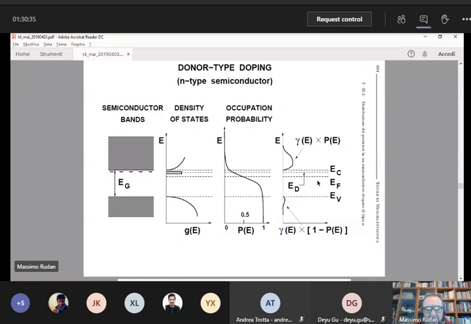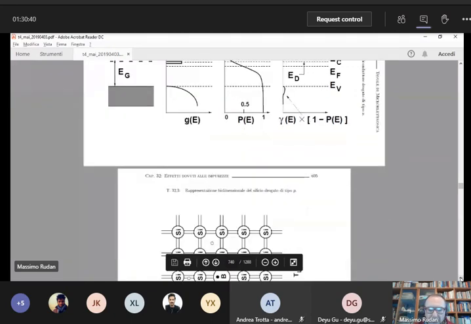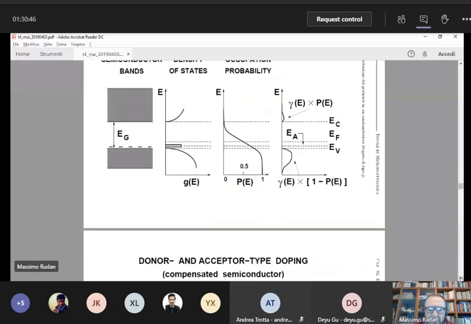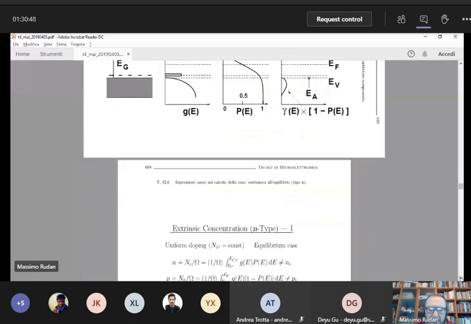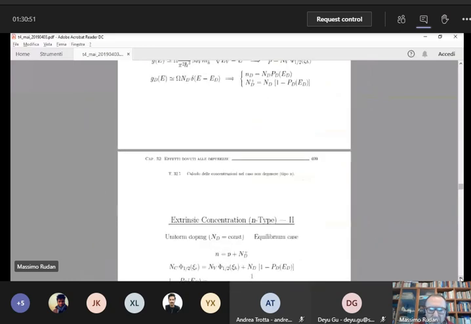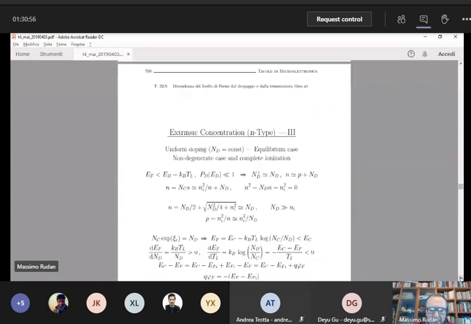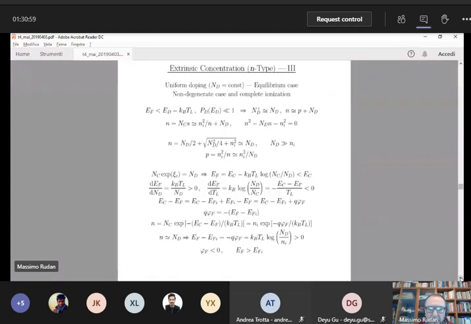If we limit ourselves to the situation where the non-degeneracy and complete ionization conditions apply, that is the easy case in which we have ND plus equal to ND and the exponentials for N and P, then we can also calculate this analytically.